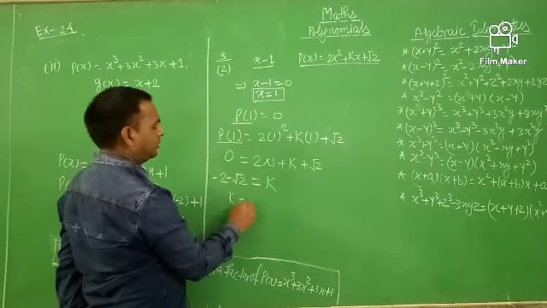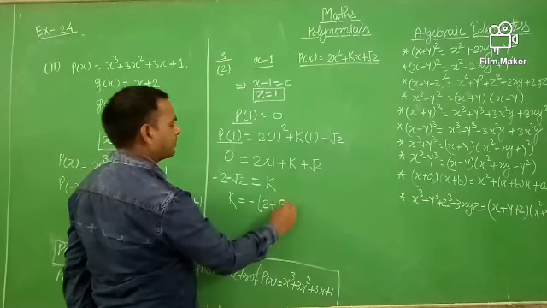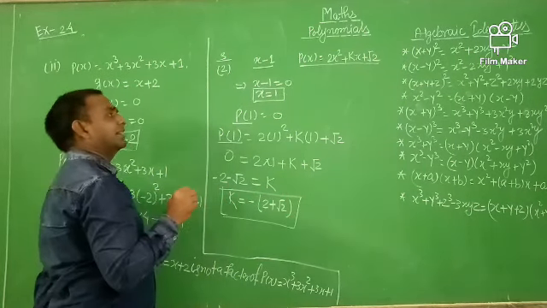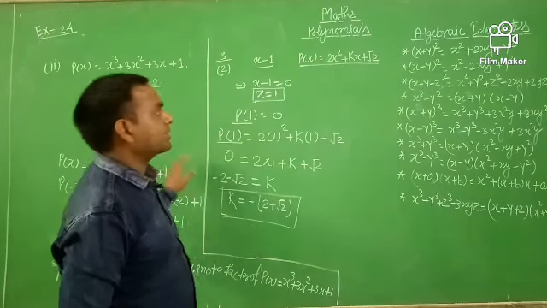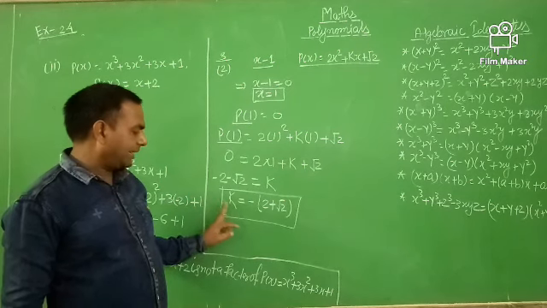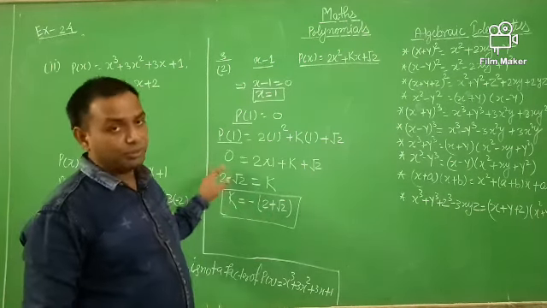Taking minus common, k is equal to minus (2 plus under root 2). So if x minus 1 is a factor of the polynomial p(x) equal to 2x square plus kx plus under root 2, then the value of k is equal to minus 2 minus under root 2.